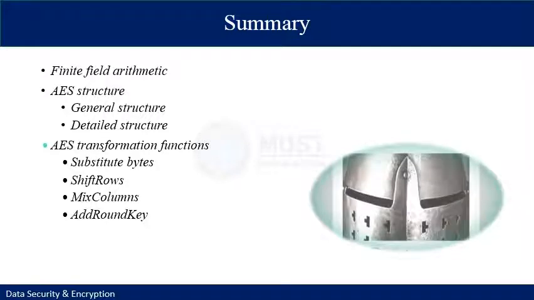This concludes today's lecture. In this lecture we discussed some aspects of finite field arithmetic, and we overviewed the Advanced Encryption Standard in general and a detailed view, that AES is performed in a number of rounds with varying key sizes.